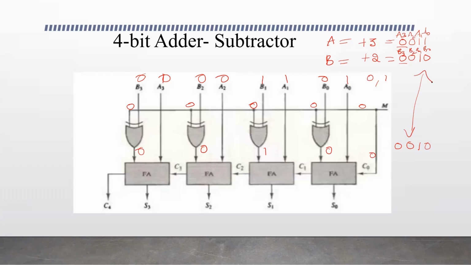When M is 0, we get the same B after passing through the complementer, and this now gets added in the adder.